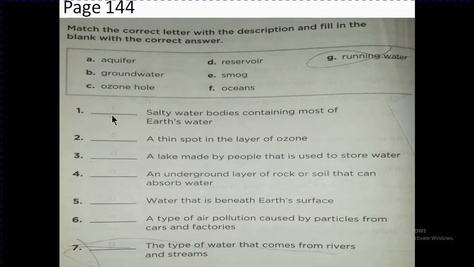So we know that this is the ocean. Then option number C. In number 3, your answer is D. After that, number 4 is A, number 5 is B, number 6 is E, and number 7 is G, running water. So these are all the options and their answers. You can match the best option with the correct answer.